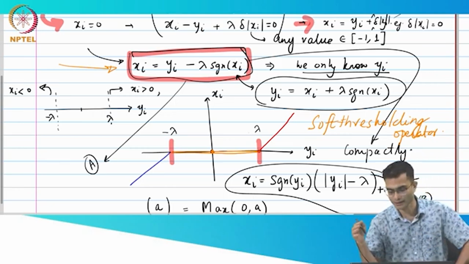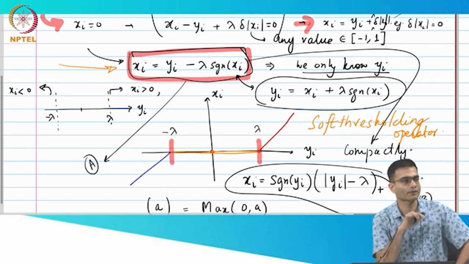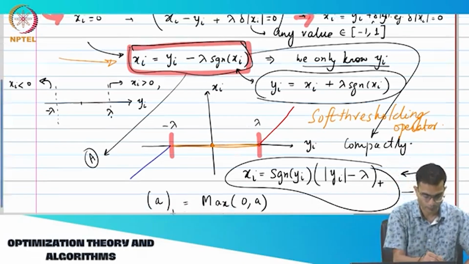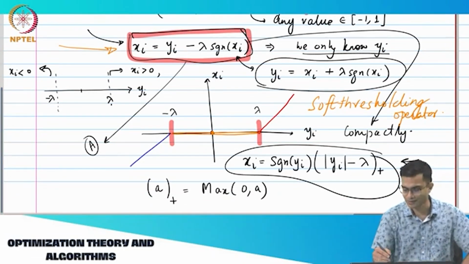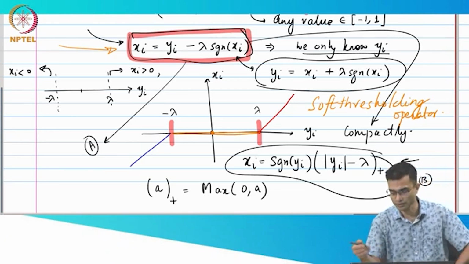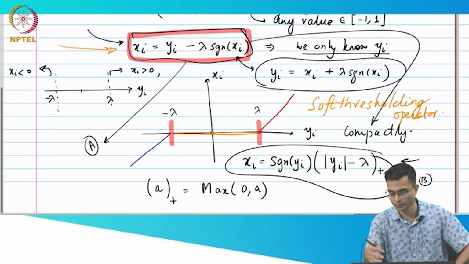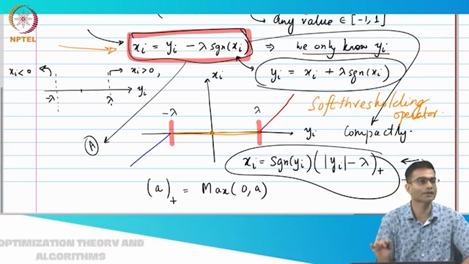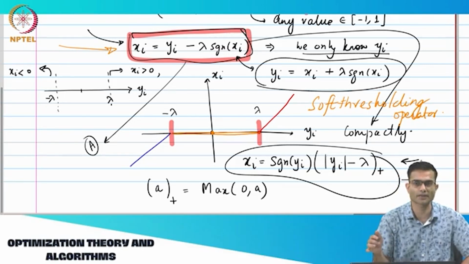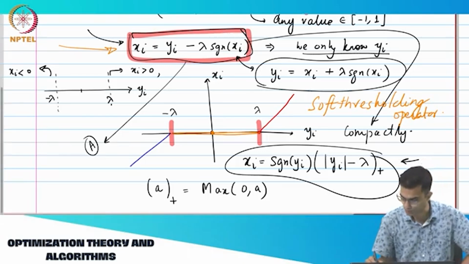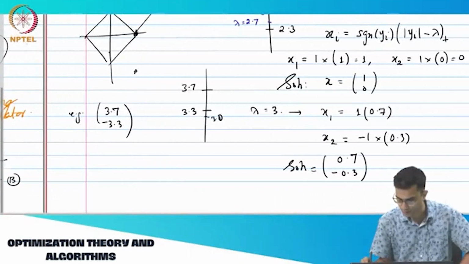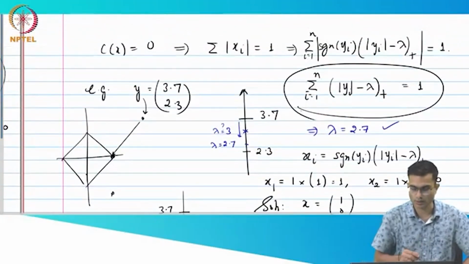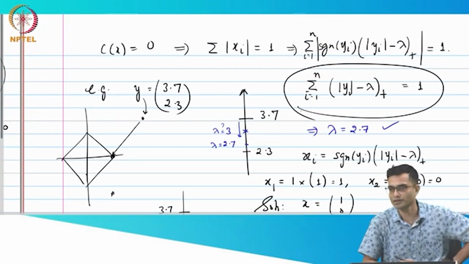For yi greater than lambda, I have the red line, and in between xi remains 0. Once I have done this, the rest is just algebra. I looked at this graph and rewrote this in expression b. I need not have, but doing so makes my algebra a little more convenient. Then we looked at a few examples of how to use this expression that we got.